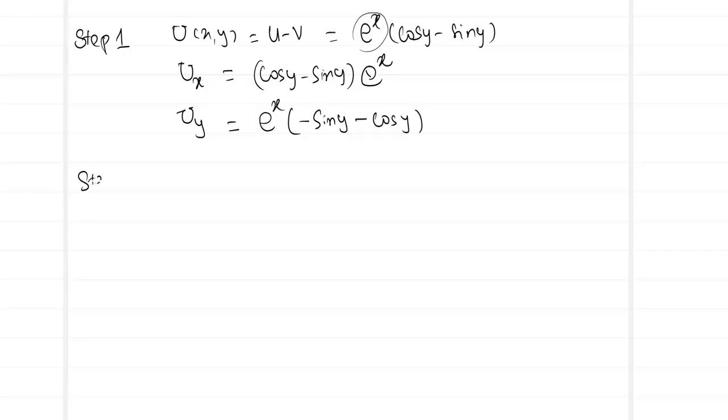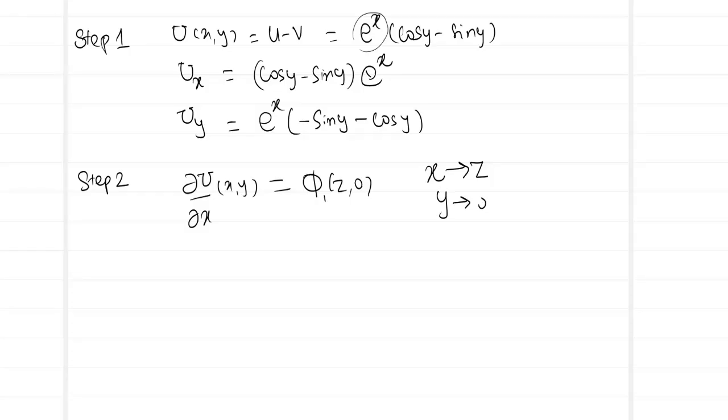What is going to be step 2 of my Milne Thomson method? I am going to assume dou U by dou x, which was a function of x comma y, to be a function phi 1 of z comma 0. That is, wherever I have x in my derivative, I replace it with z, and wherever I have y, I replace it with 0.